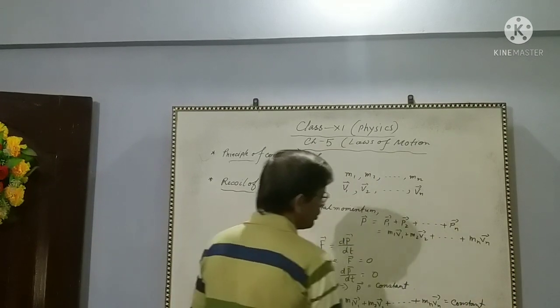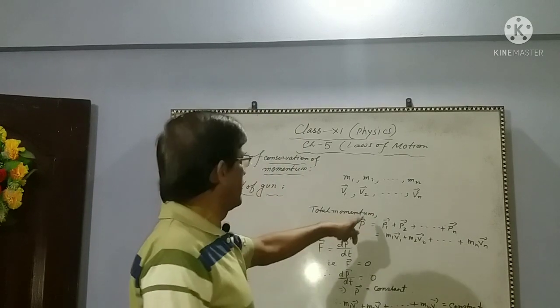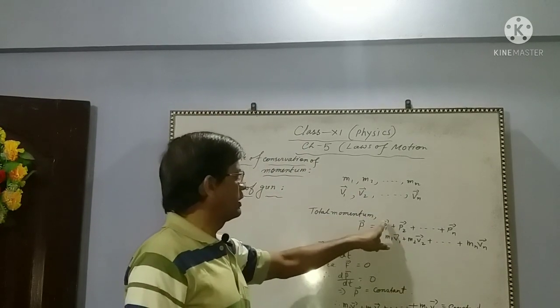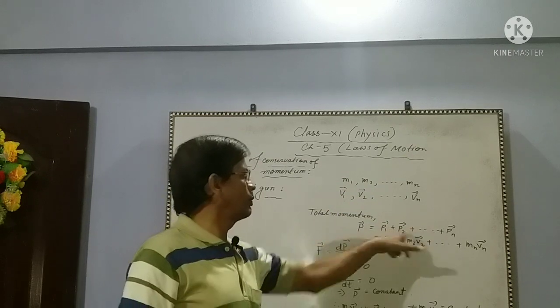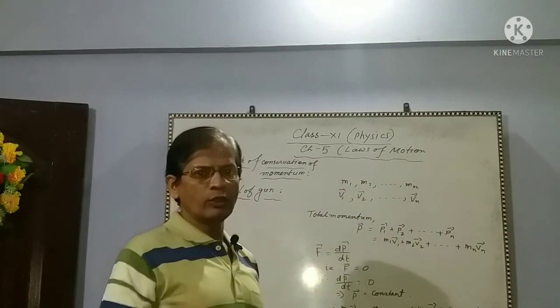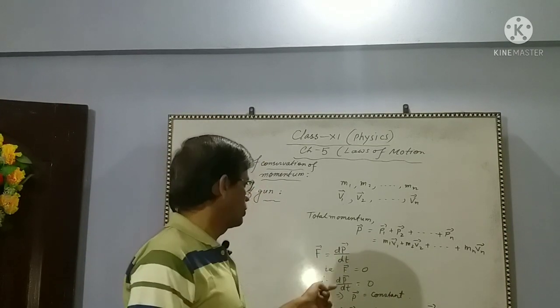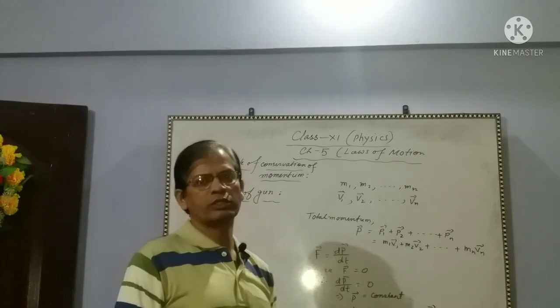This is the law of conservation of linear momentum. For n particles, each has momentum and the total momentum is P. According to Newton's second law, F equals dp by dt, but F is 0, so P is constant.